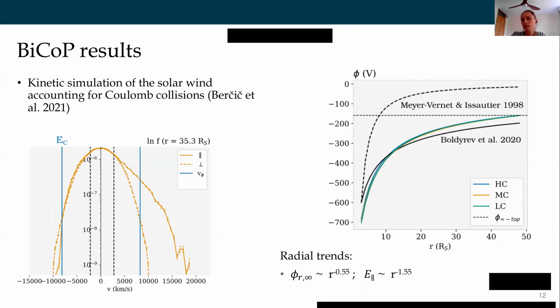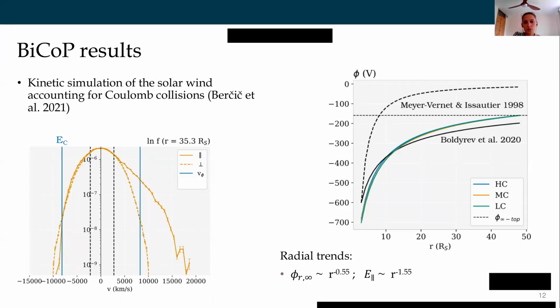So Meyer-Vernet and Issautier. This is the exospheric collisionless solution. And you see that actually the evolution of the potential is quite different than when we include collisions as well. And this solution from Berčič is a solution of the Gibbs kinetic equation where collisions are included, in fact. And these 2 solutions seem to match pretty well. So collisions are important for the evolution of this potential.